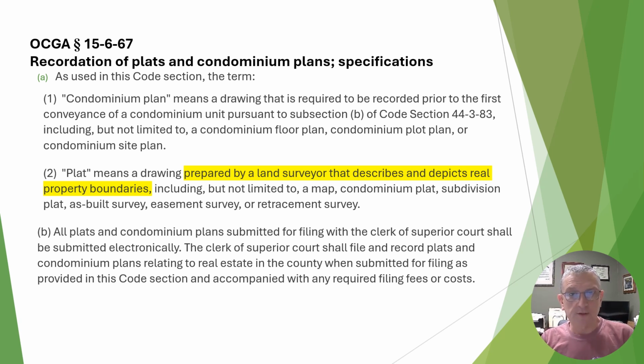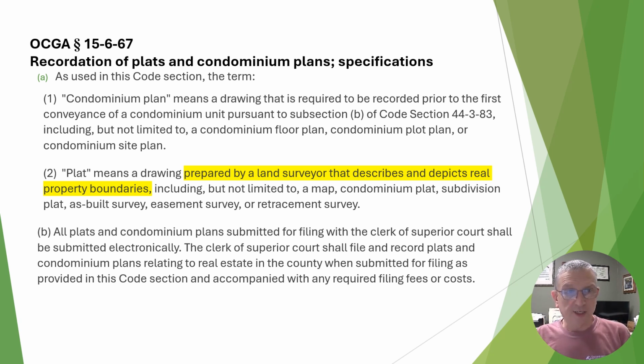So the depiction would be the line work itself, maybe even the circles showing the monuments, but more importantly, the description of the monuments, adjoining owners. The bearings and distances are probably what makes that a description of the property boundary, or what describes property boundaries, more than any of those other elements. That would be the bearings and distances along the boundary line.